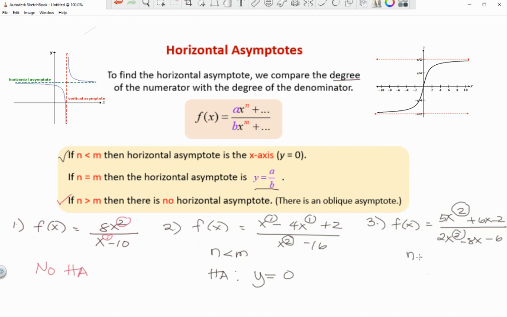Therefore, you can say that n is equal to m. In that case, that's situation number 2. So therefore, you can say that your HA is y equals, well, what's the coefficient of this term? That's 5, over the coefficient of this term. That's 2. This is your horizontal asymptote.